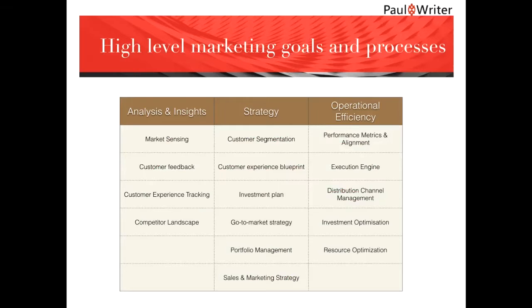Then we have strategy, where we have customer segmentation, customer experience blueprint, an investment plan, a go-to-market strategy, portfolio management, and sales and marketing strategy. And then under operational efficiency, we have performance metrics and alignment, the execution engine, distribution channel management, investment optimization, and resource optimization.